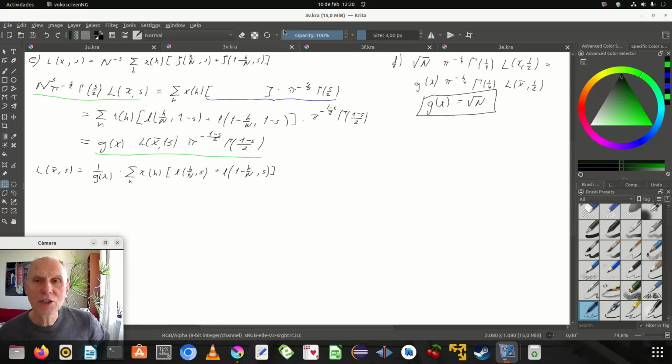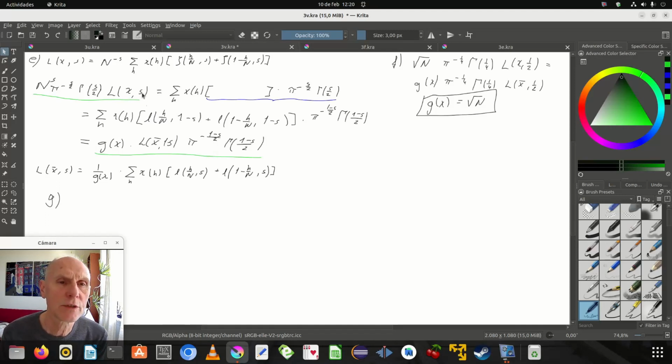I've had my lunch and is now ready to work on part G. We have zeros of L at s equals 0, -2, etc. And that they are cancelled here by the poles of the gamma function.